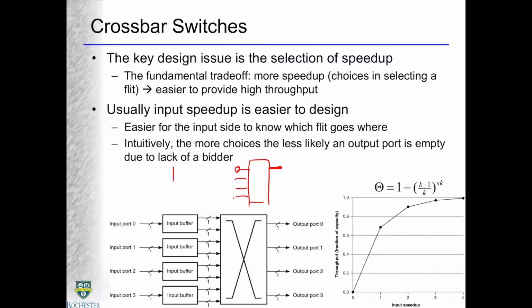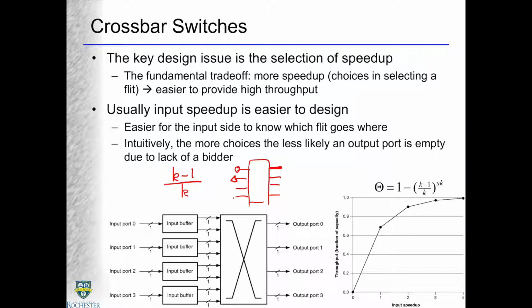Well, that's (k-1)/k. That's the probability that I will not get anything from that particular node, right? Because there are k ports over here, and this node has equal probability, assuming going to all k nodes.